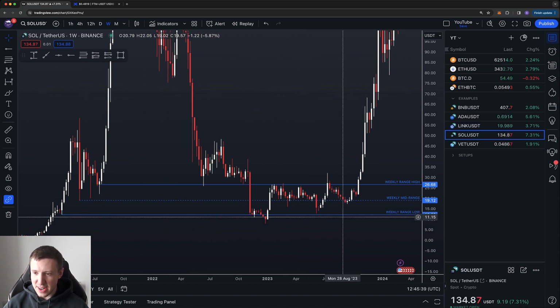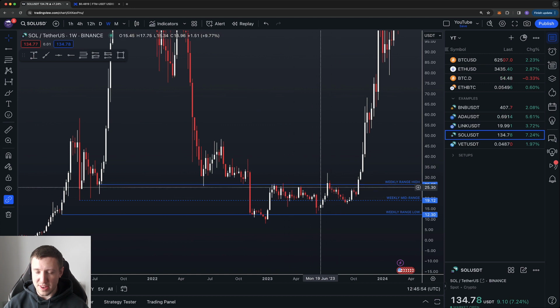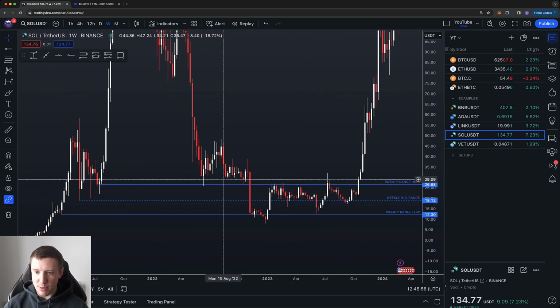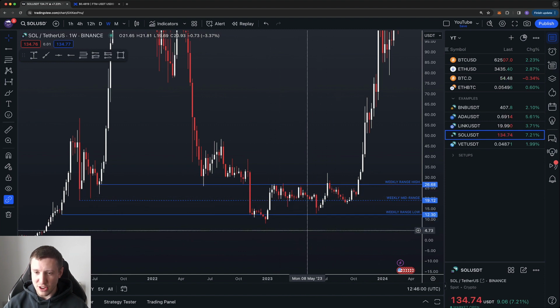So as you can see, this weekly range low at $12.30 is a clear level of support tested multiple times, and then the weekly range high at $26, again a previous level of support, broke back inside and held as resistance for a number of tests.